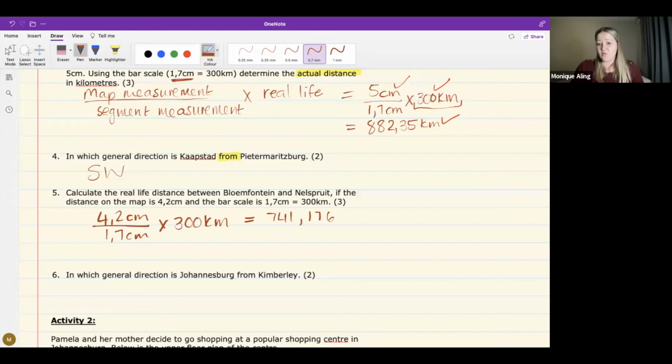Now, we always round to 2 decimal places unless specified. So my second decimal place is the 7. I always look to the number to the right to determine if it's going to stay the same or go up by 1. If it is more than 5, it's going to go up by 1, which it is. It is 6. So when I round, it's going to be 741,18 kilometers.